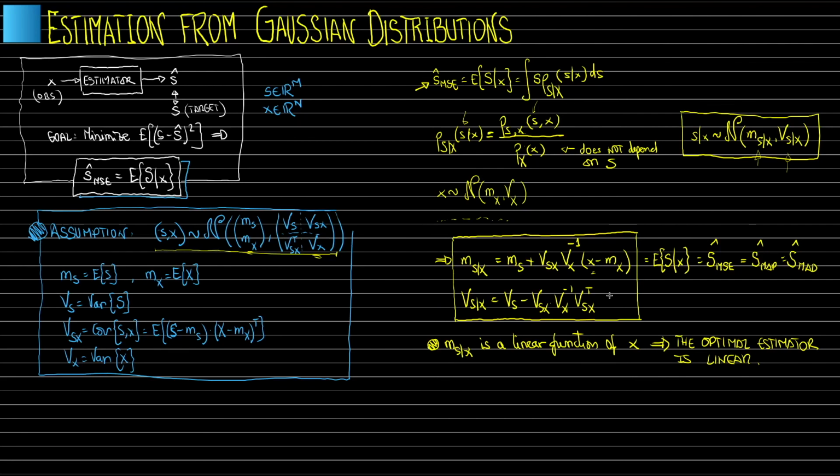And the variance is interesting too, because we have an explicit equation for the variance in the multidimensional case, and the variance is a form to measure the uncertainty on the value of the target variable S after the observation. So the variance is an interesting measure of how much uncertainty we have about the true value of the target variable after observing the input. Okay.